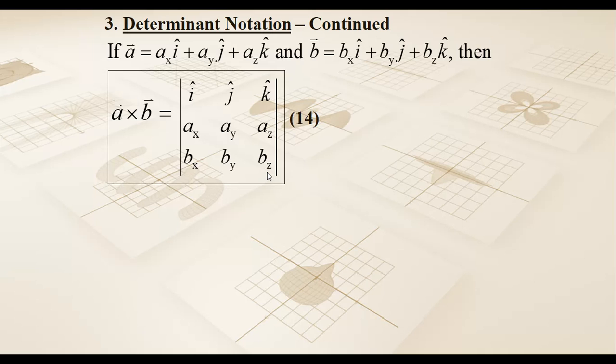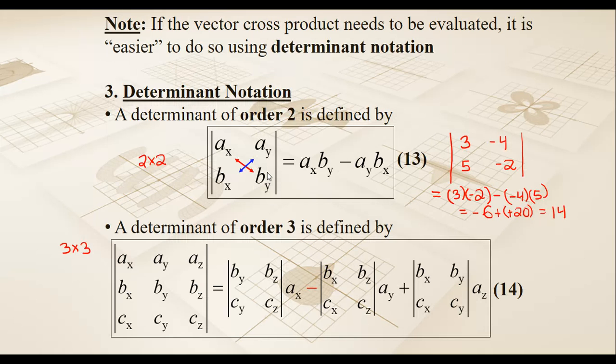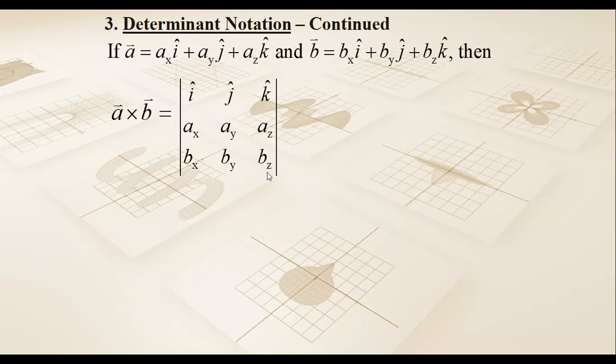Now, if I wanted to calculate this, we'd have to expand it in terms of how you've written down a determinant here. That's what the cross product of A times B would be. It's going to be the determinant of this 3 by 3 grid we've set up.